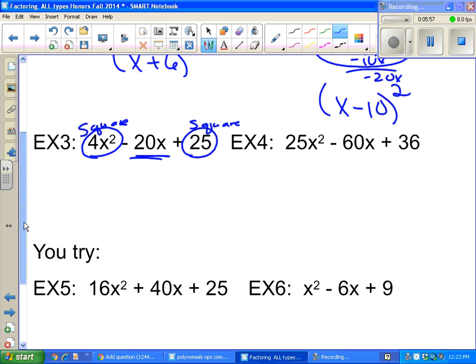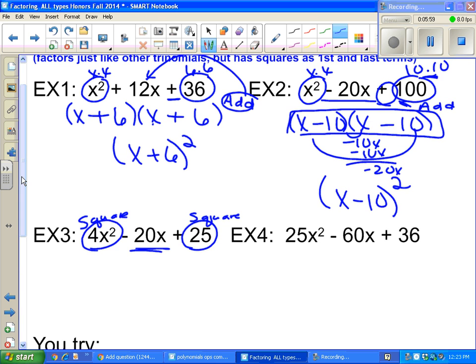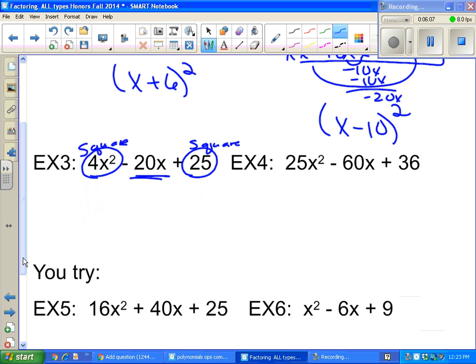Because if you go back up and look closely, notice that 12 was double the factor 6, and 20 was double the factor of 10. But this time I have 2 in the front and a 5 in the back. So if I break this down into 2x times 2x, and this goes down into 5 times 5, if you take one factor from here and one factor from here, 5 and 2x, so you get 10x and double it, you're going to have 20x.